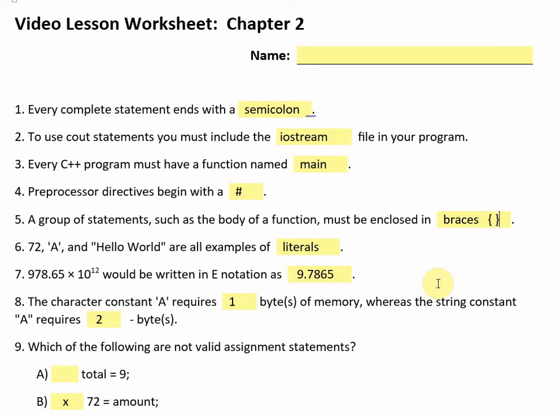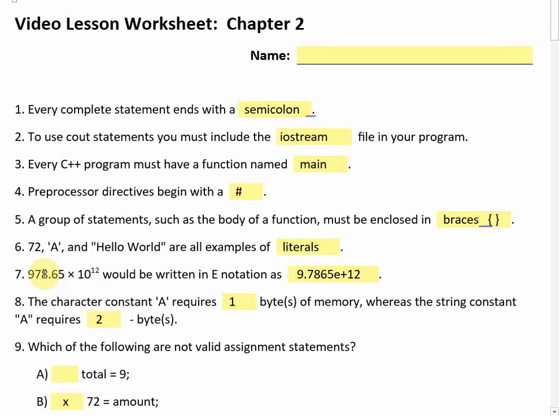Now, when we're talking about numbers, we have a few different types of number representations. If you're looking at positive and negative whole numbers, including 0, we have integers. If you have decimal numbers, then we have real numbers. And if you have really large numbers or very small numbers, you can write them in scientific notation, which is pretty much something like this.